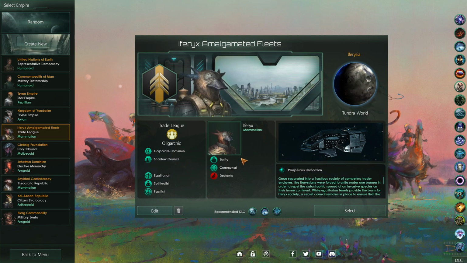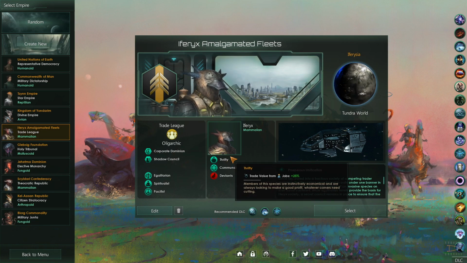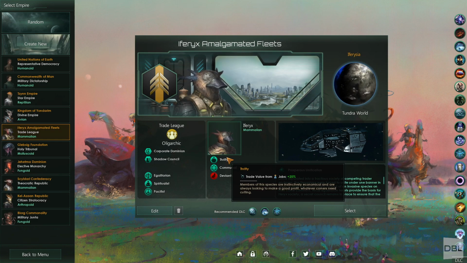So they're a mammalian, right? They're thrifty. Trade value from jobs, +25%. It's a space organ. How is that different from a regular organ? It's like a pipe organ, but instead of air blowing out, it's a vacuum.